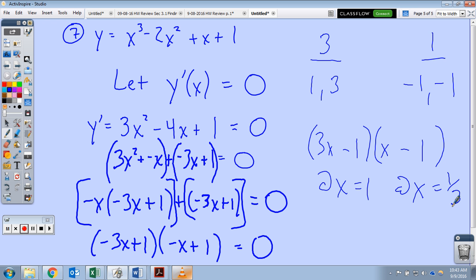Exactly, good. So if I plug this back in, this is where they are, but now the actual equations of them.